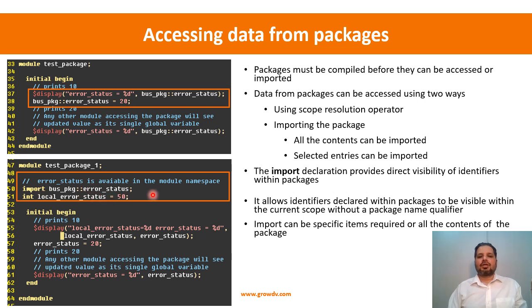When I put this import statement after line 150, error status becomes a part of this module itself. It allows the identifiers declared in the packages to be visible within the current scope, so you can access them without using the package name qualifier. Now I can just say error status equal to 20. There's no problem. Then I can write it, then I can read it.